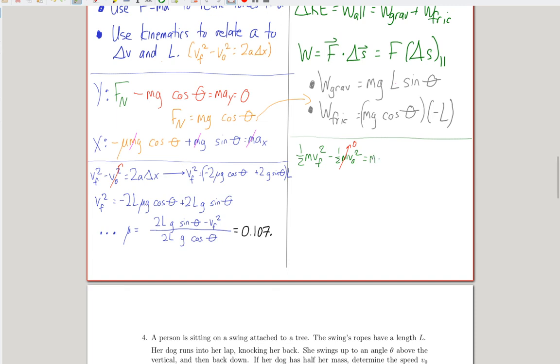So I have mgL sine theta minus, oh shoot, I forgot the force of friction was mu mg cosine theta. That's important because mu was the whole thing I'm solving for. Sorry about that, folks. Mu mgL cosine theta.